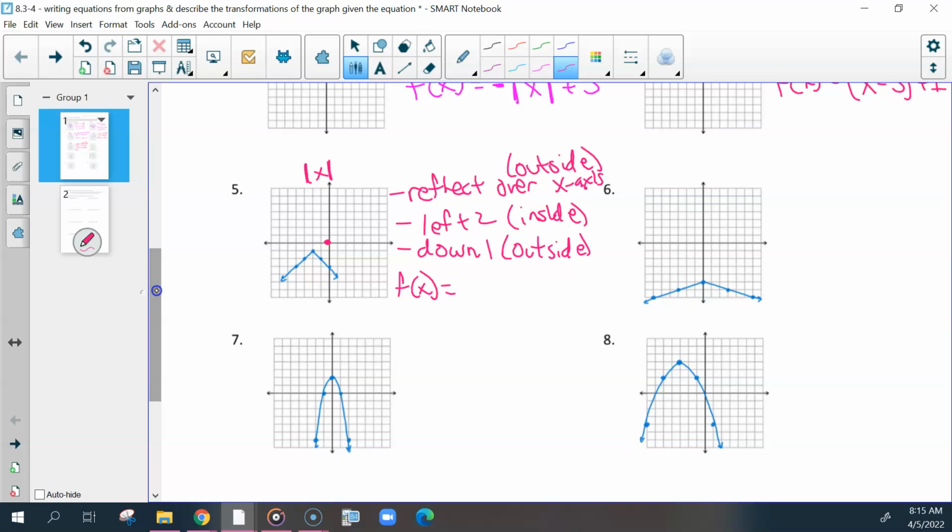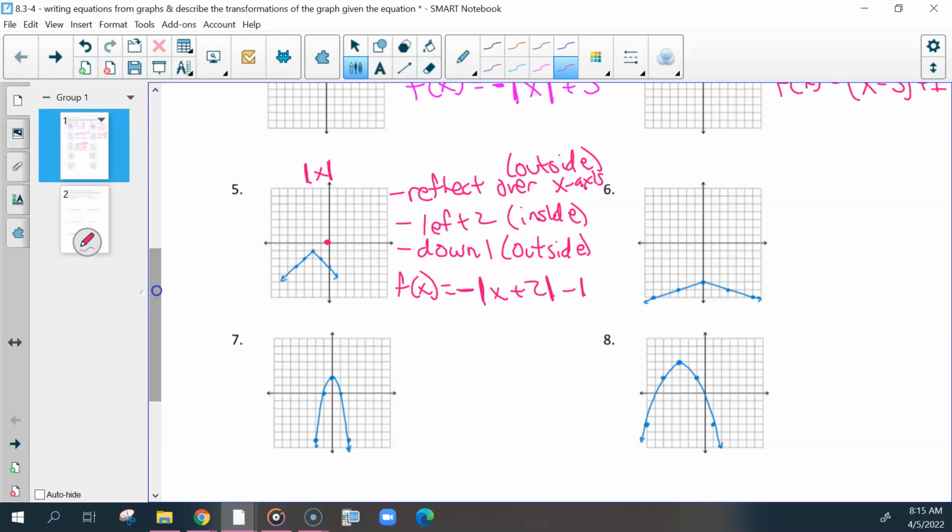We are going to use the negative first because it reflects and it needs to go on the outside. Absolute value bars. Plus 2 to the left because it's opposite. Minus 1 on the outside. So this would be 1 because there's 3 different things going on. Put it in your calculator, check it.